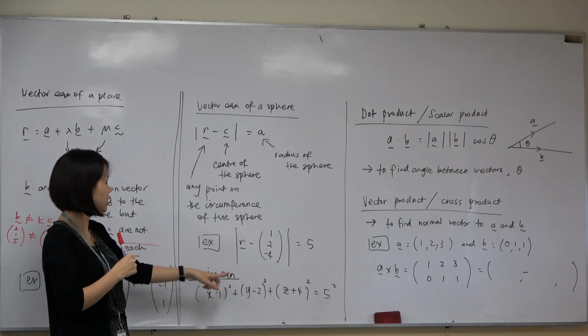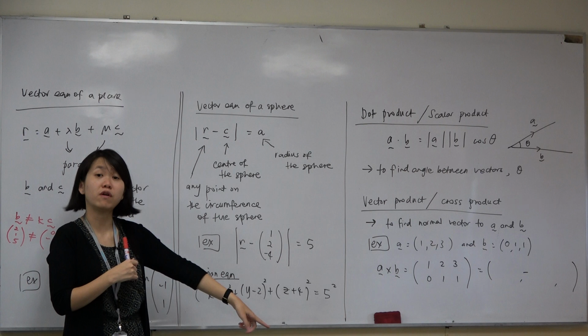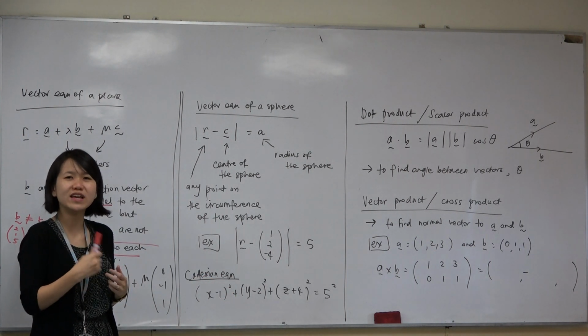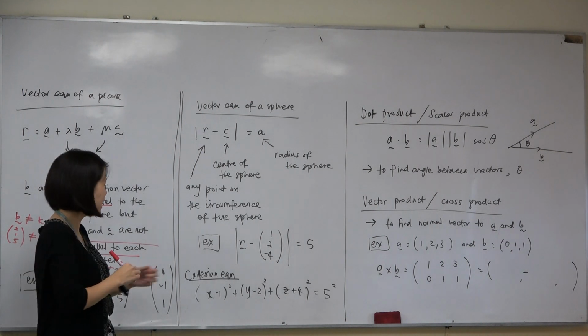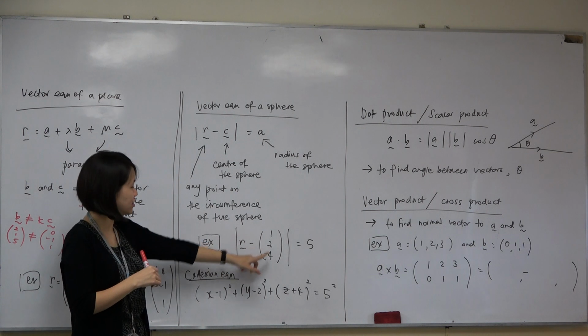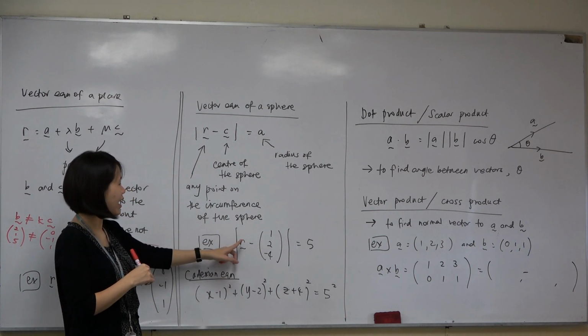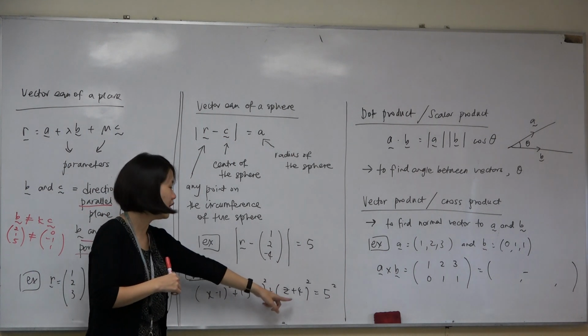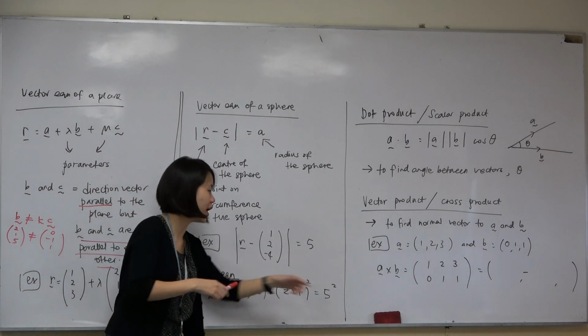There is only a Cartesian equation, and it is to be written in such a form. Just like how you have been writing the equation for a circle, but with spheres we have 3 dimensions, right? So it is (x minus 1) squared, (y minus 2) squared, (z minus negative 4), hence (z plus 4) squared equals 5 squared.